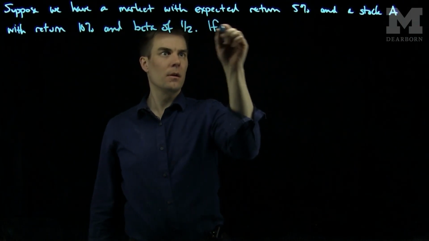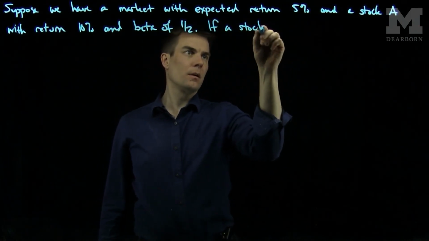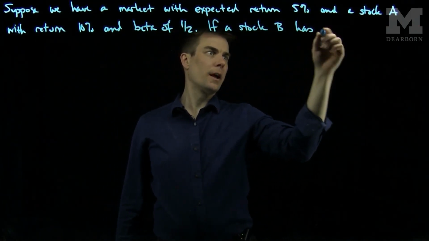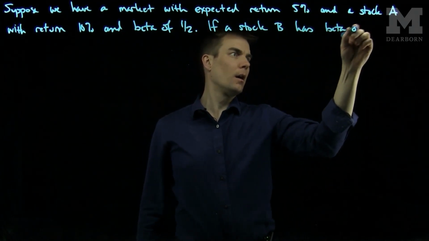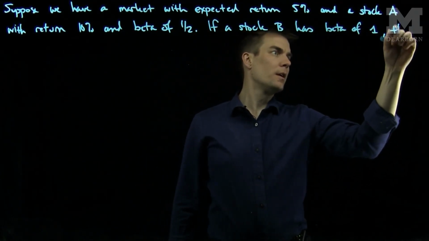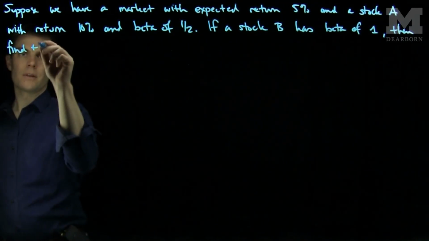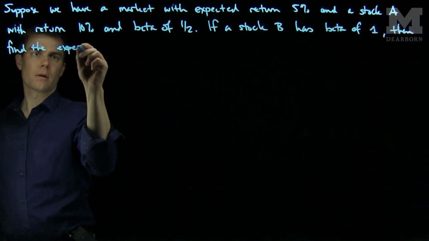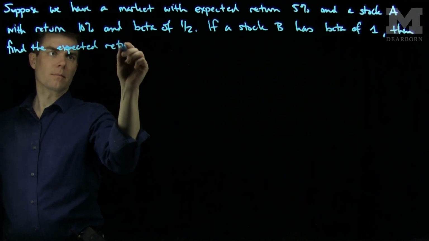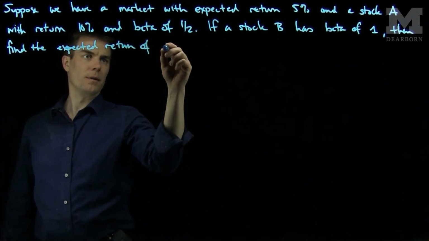If a stock B has beta of 1, then find the expected return of the stock B.